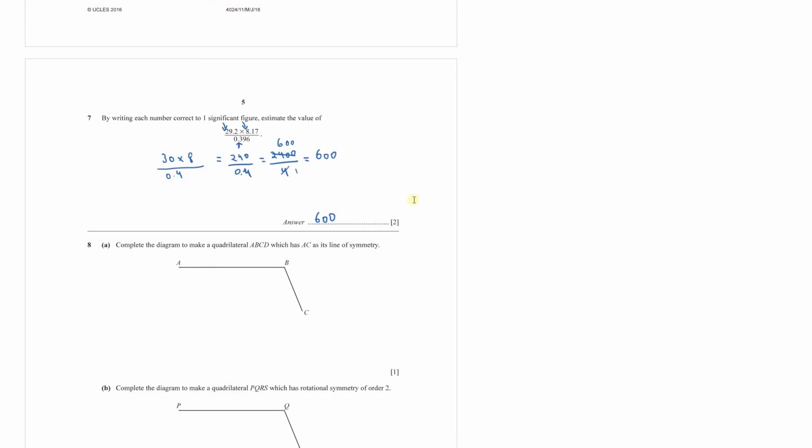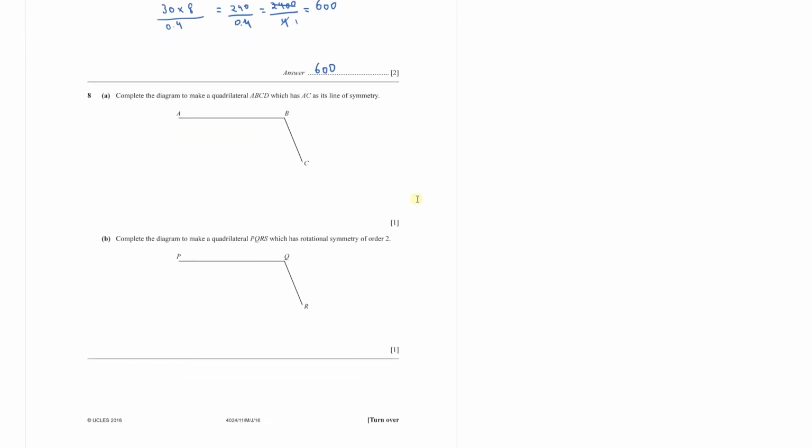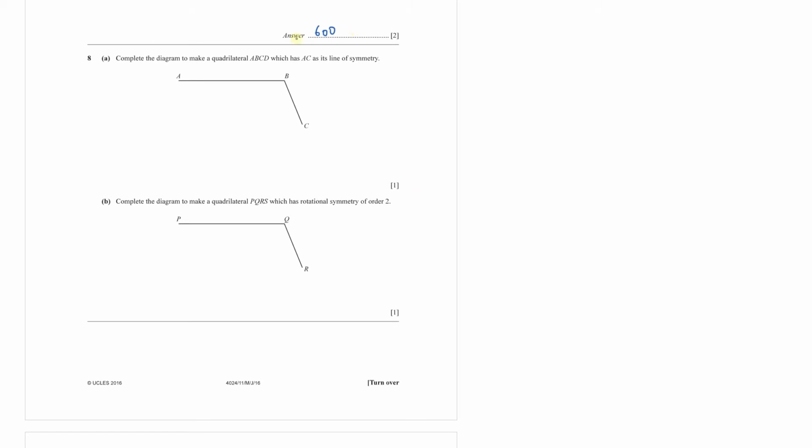So let's move on to the next question. Question number 8 is complete the diagram to make quadrilateral ABCD which has AC as its line of symmetry. So this line starting from A till C, it's not a straight line, but you get the point that this line AC is the line of symmetry.